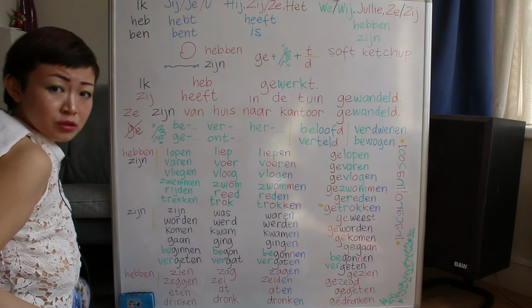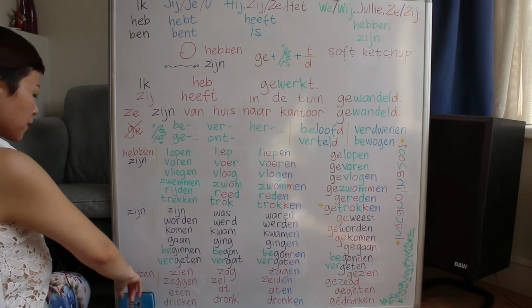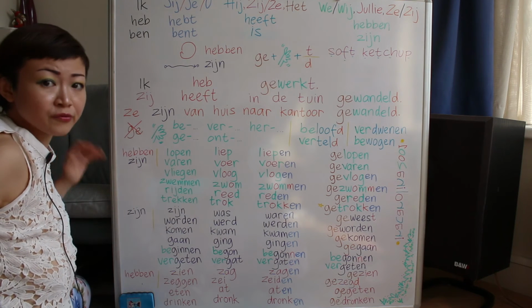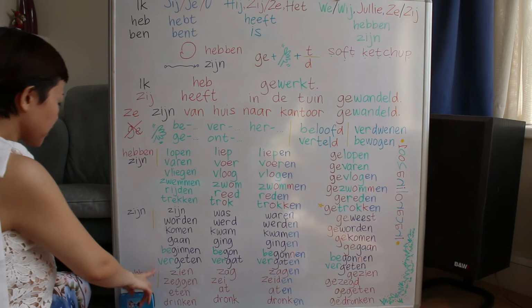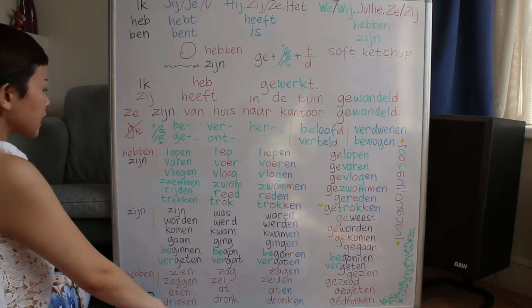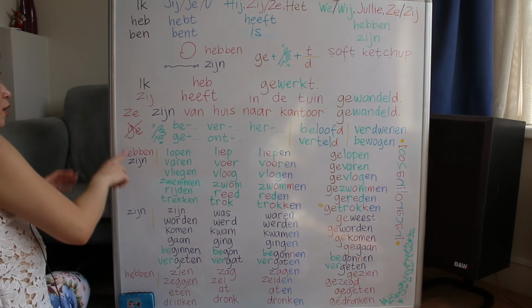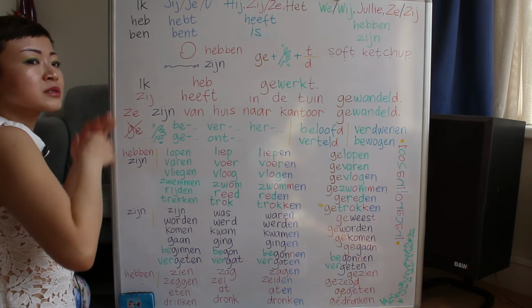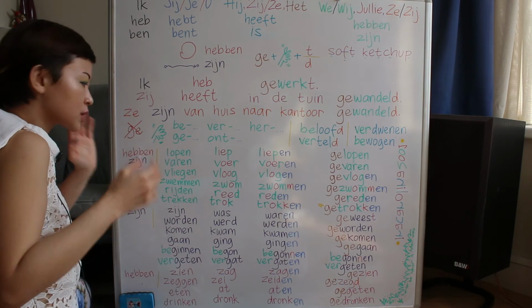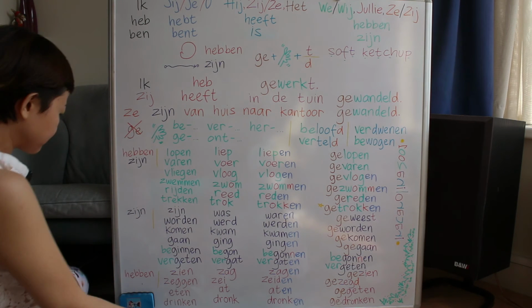And most of the other words work with hebben. Lots of verbs work with hebben. And there's several that work with both, with hebben and zijn, and several verbs work with only zijn.